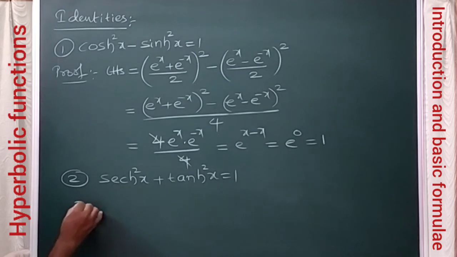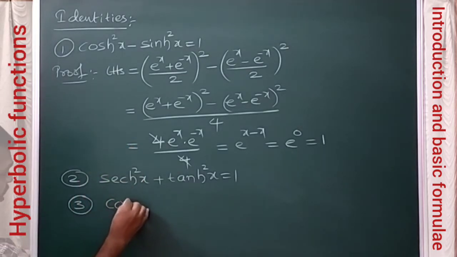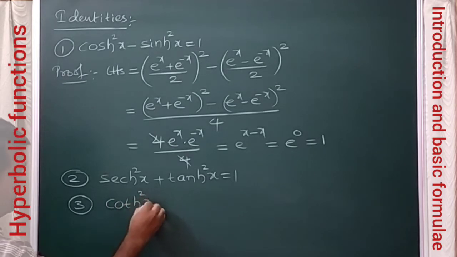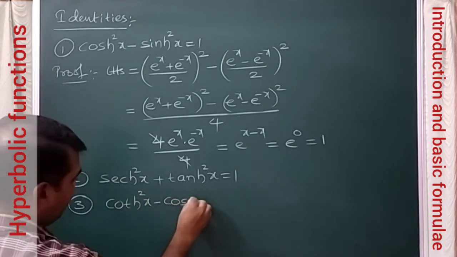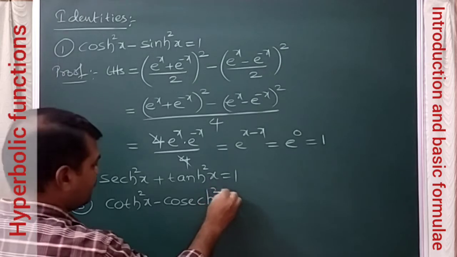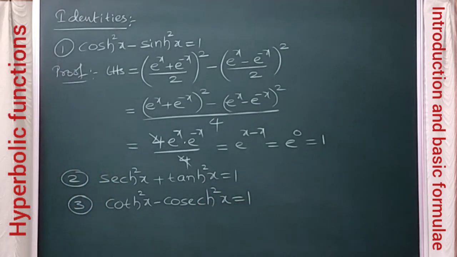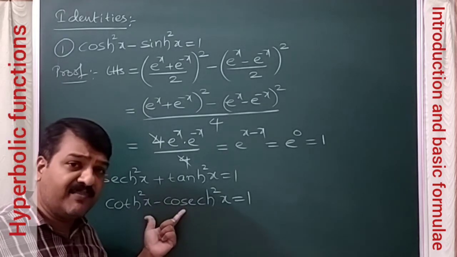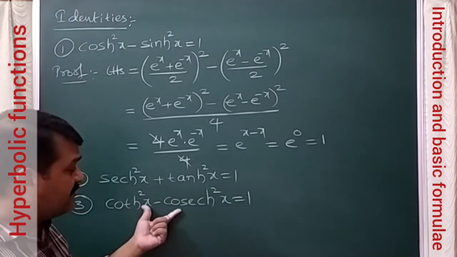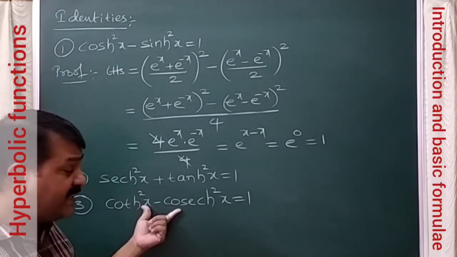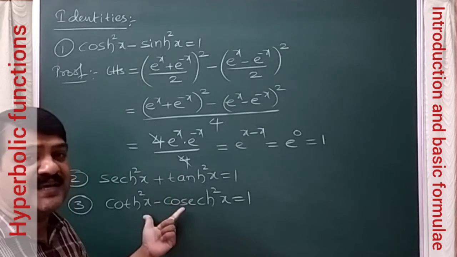The third identity is coth squared x minus cosech squared x is equal to 1. This is also different in trigonometry, where the identity is cosec squared theta minus cot squared theta is equal to 1.